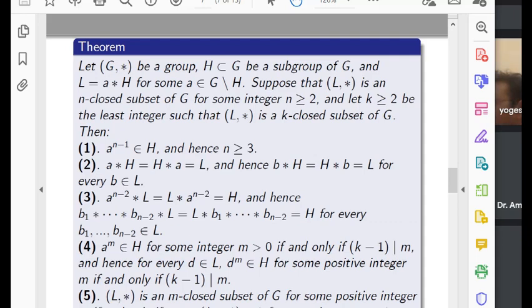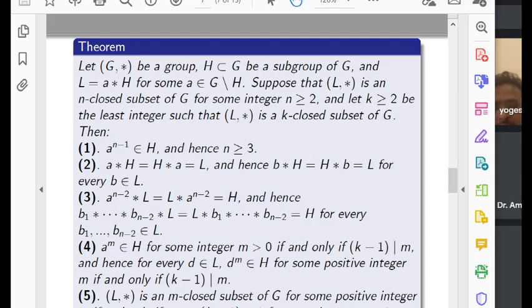So I already know that L is n closed, but I'm selecting the smallest positive integer where L is K closed. Okay? Then we have the following, that A to the n minus 1 has to be an element in H. A star H equals H star A, which is equal to L. Okay? And that's somehow what I need here.